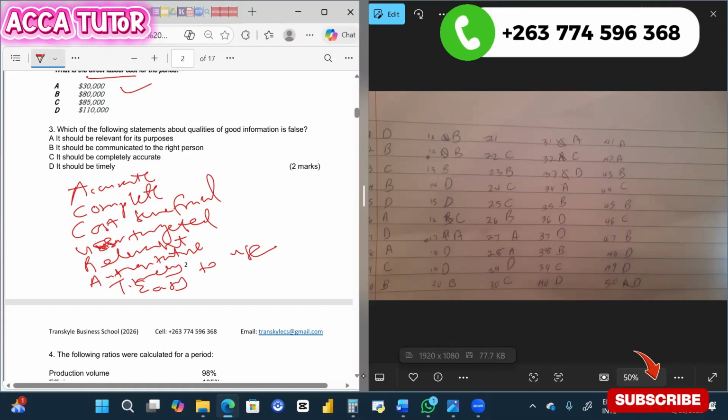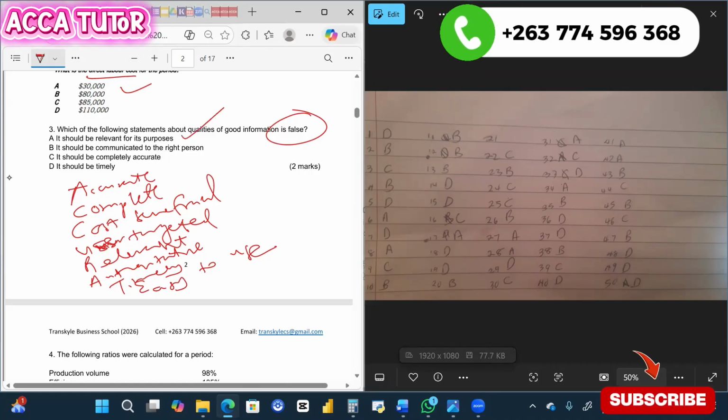Question number 3. What is the answer for 3? C. Remember, you need to pick that option which is false. So A is saying it should be relevant, which is true. The one is true, but it's not the answer.